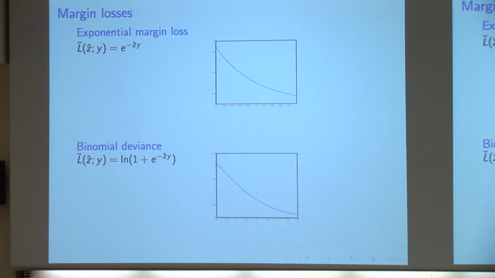If you came from a different field, say statistics, here is another cost function of the margin, the binomial deviance, which we would just call log of 1 plus e to the minus margin. You plot that function, and it looks like that. And then you say, well, that's another very impressive approximation of the step function.